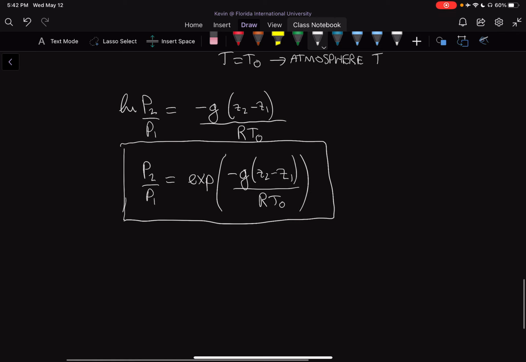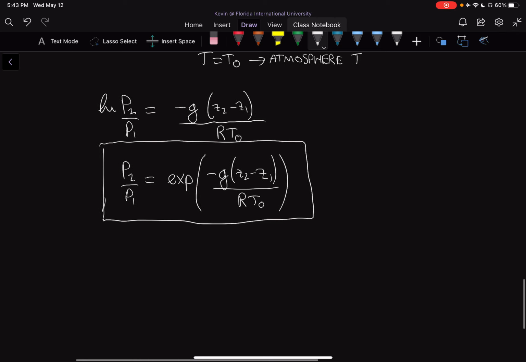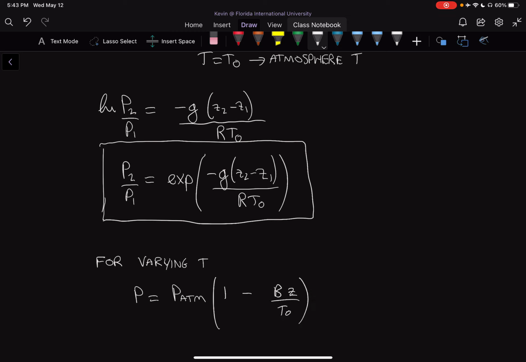So for varying temperature, we have the following formulas. P is equal to P atmosphere, and this is a mix of theory and experimental data, times 1 minus B times Z over T0, to the power of g over RB.